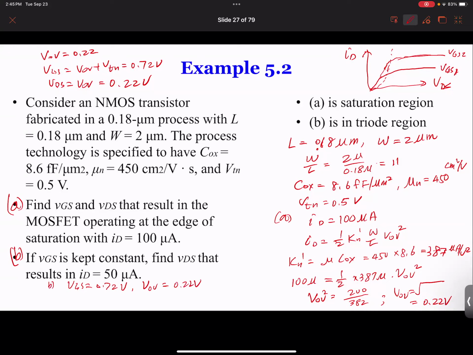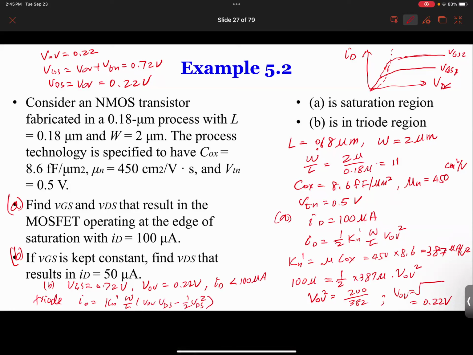So for B, what have we changed? Well, the current is less. If the current ID is less than the boundary, which is 100 microamps, this is going to be in the triode mode. So in triode mode, we're going to use ID equal to Kn prime times W over L times VOV times VDS minus 1/2 VDS squared.